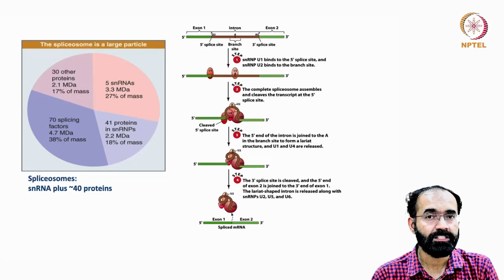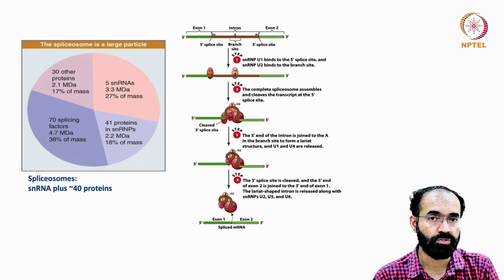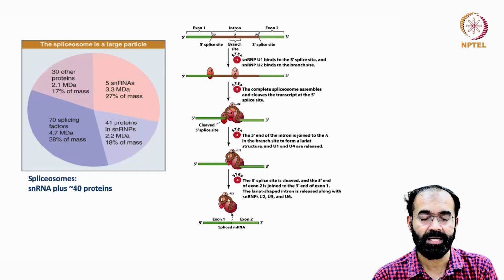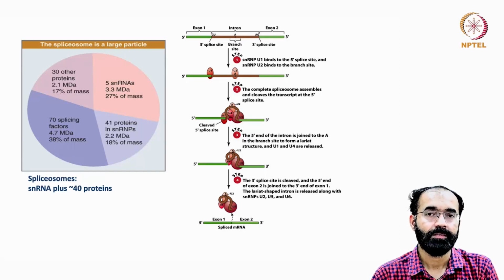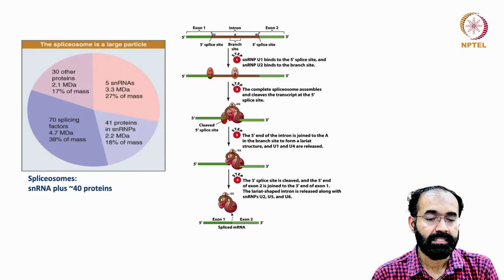It may sound like everything is perfect, and to some extent it is perfect, but splicing defects can also happen, sometimes with a huge price, and we will see some examples. Let us see in more detail why we call the spliceosome complex. Some examples will make you understand better.